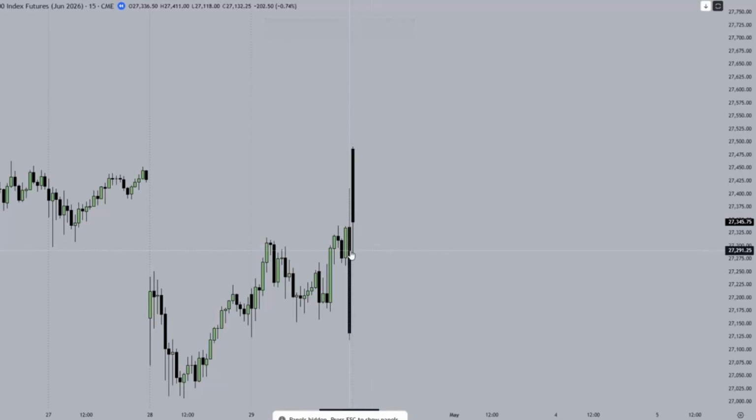If we look here really quickly on the regular trading hour chart, where I just went into the bottom left of my screen next to the time and changed it from ETH to RTH, we can see that this candle was a bearish close on yesterday's close, which means it closed here, and today's opened all the way up here.